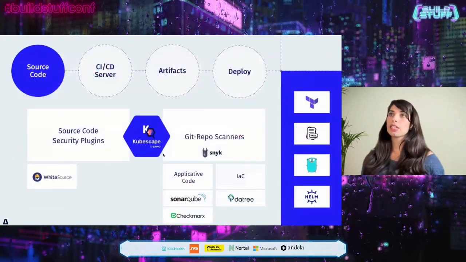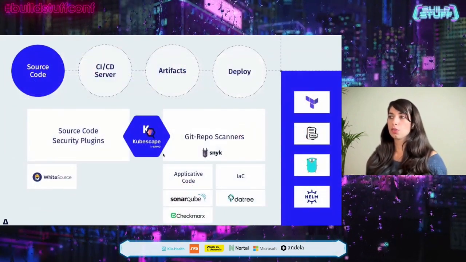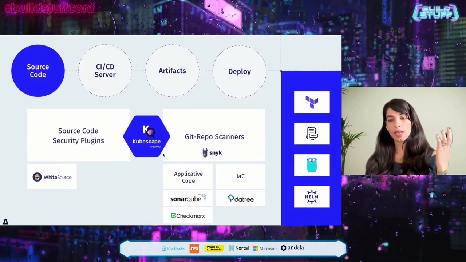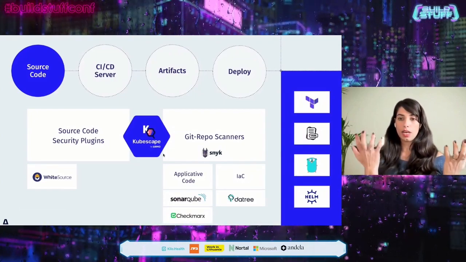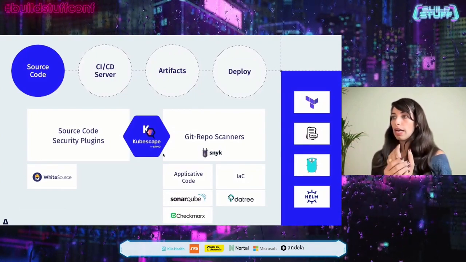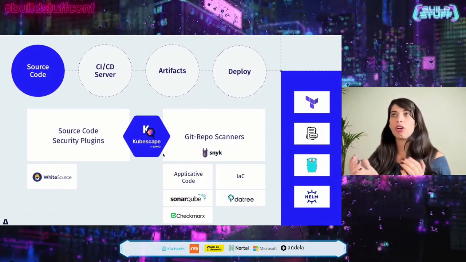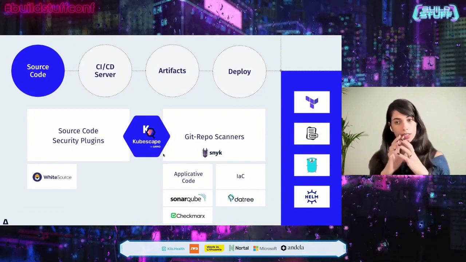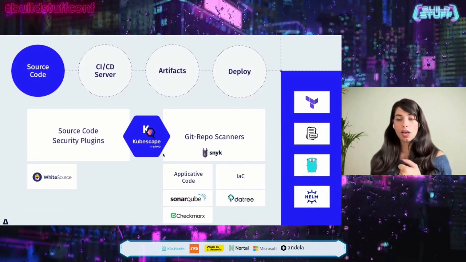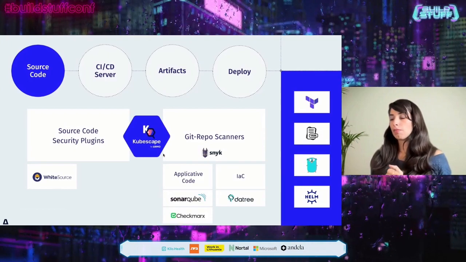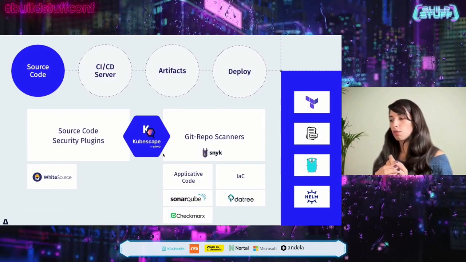And basically, what do we have in the source code perspective, right? We're having the applicative code, and we're having the IaC code. And there we can scan our Git repo, right? The entire repo that we are PRing to. The PR basically can also run those tests.